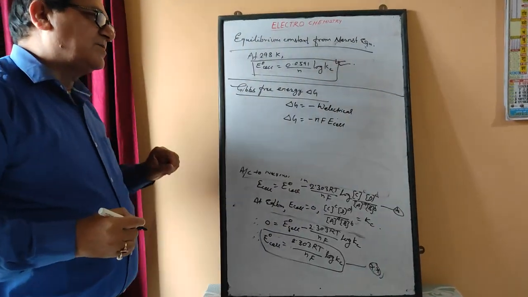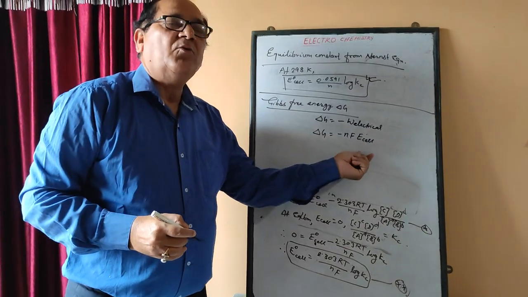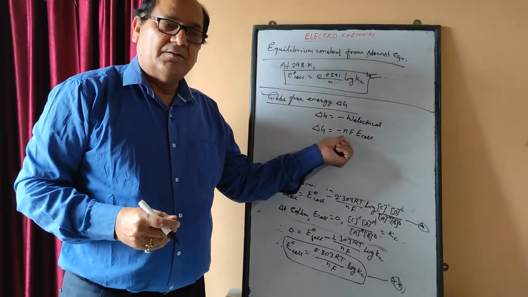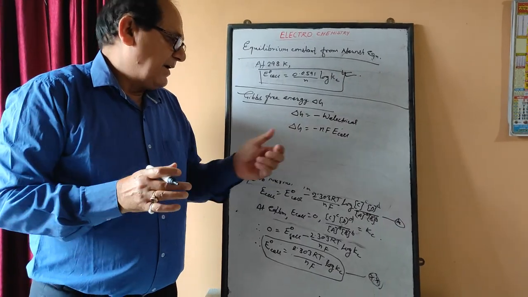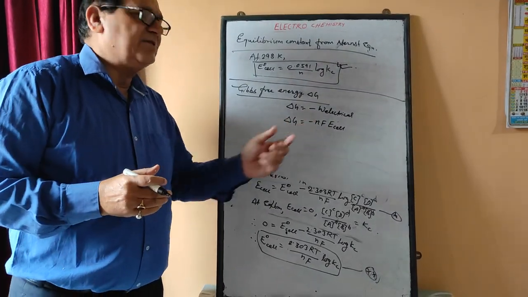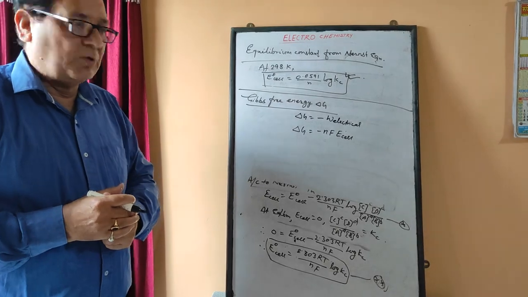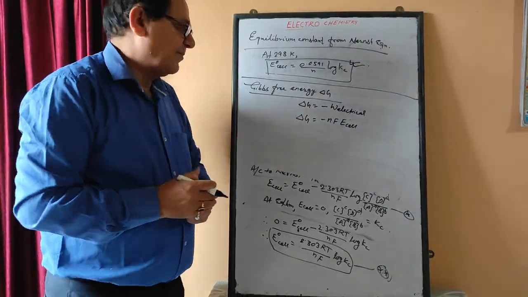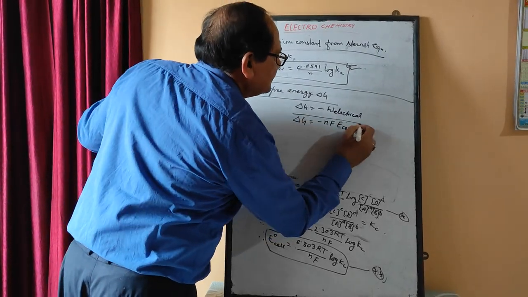This electrical work is Coulomb into volt. n is the number of moles of electrons transferred during the cell reaction, F is Faraday, 96500 Coulomb, and E cell is the EMF of the cell.